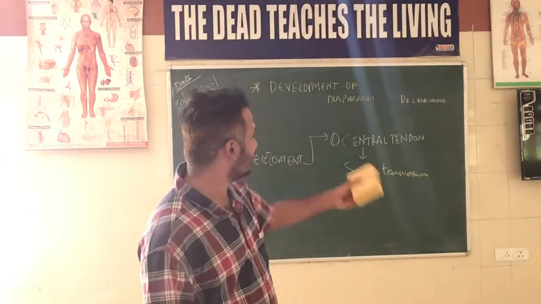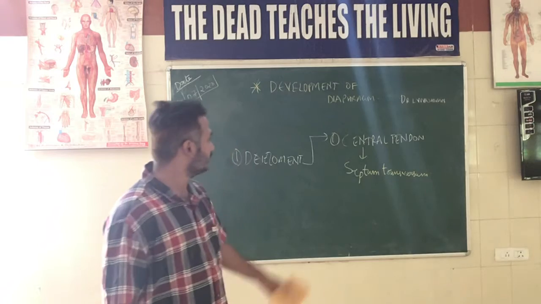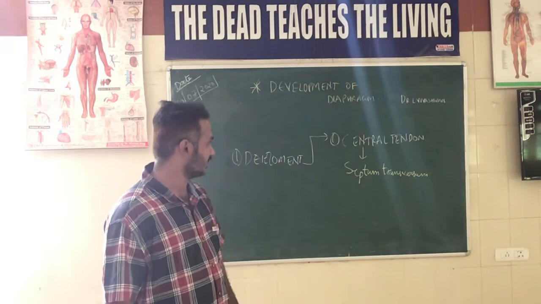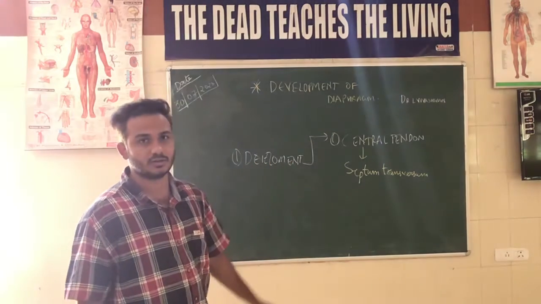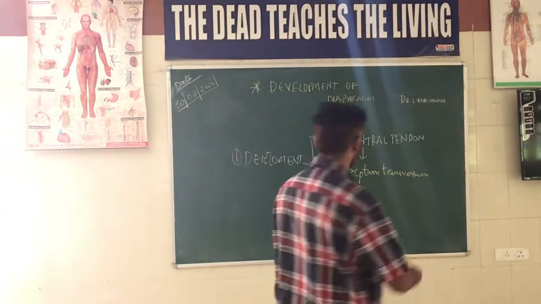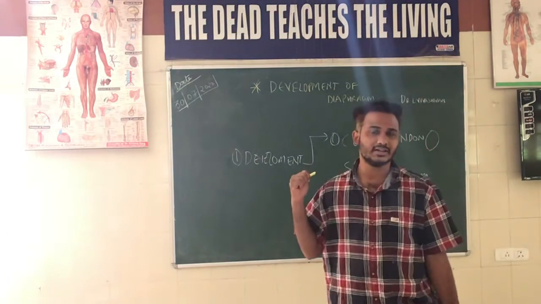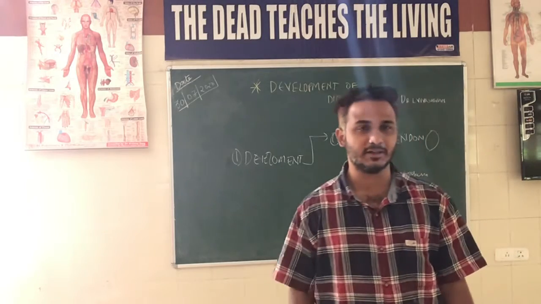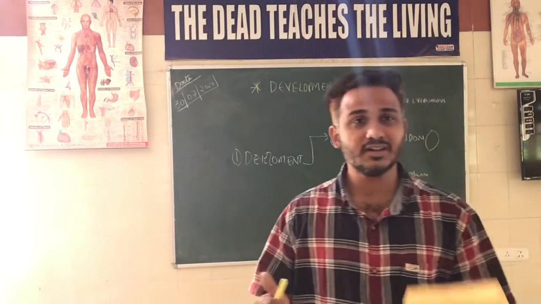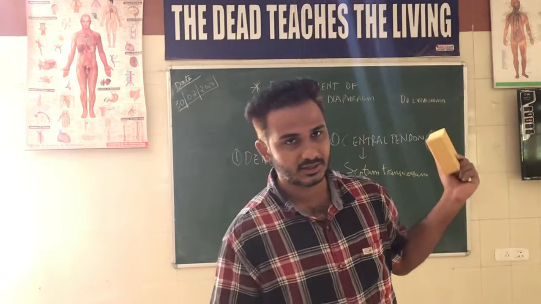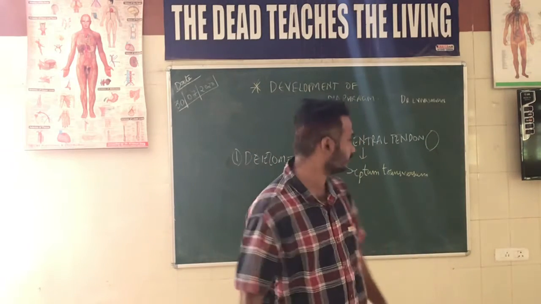It gives rise to the central tendon in the adult. In this central tendon we have an opening, where the inferior vena cava pierces the central tendon of the diaphragm.